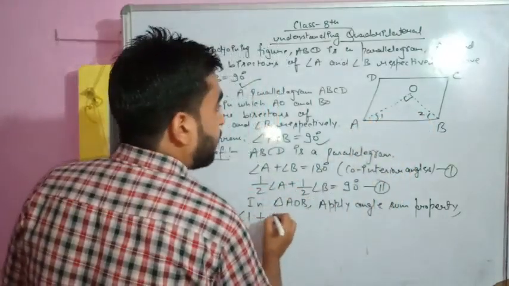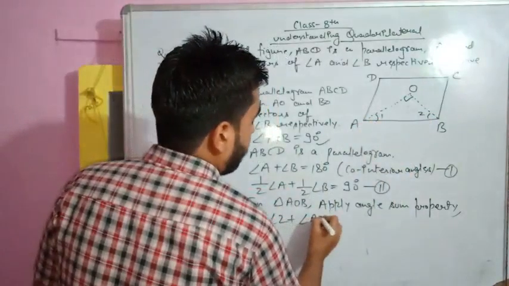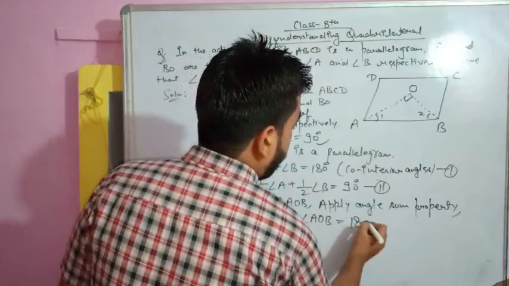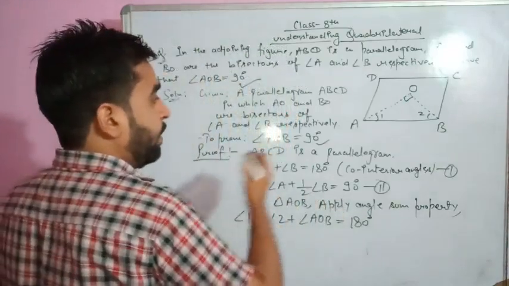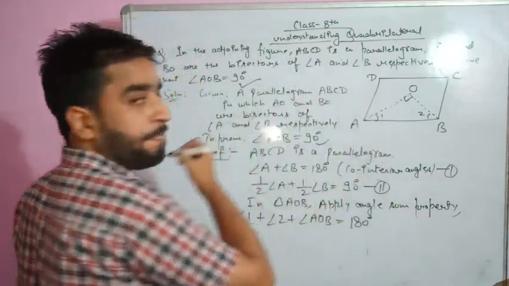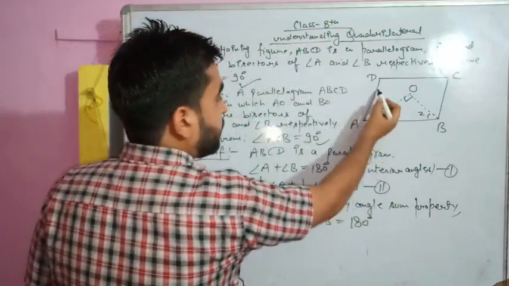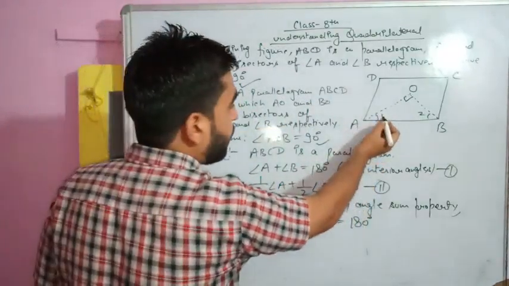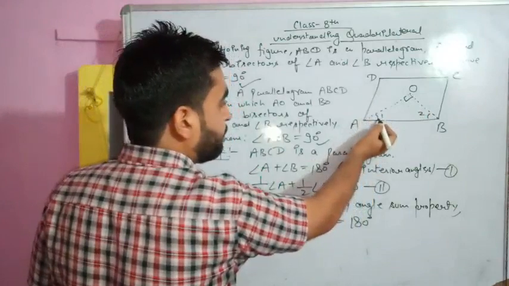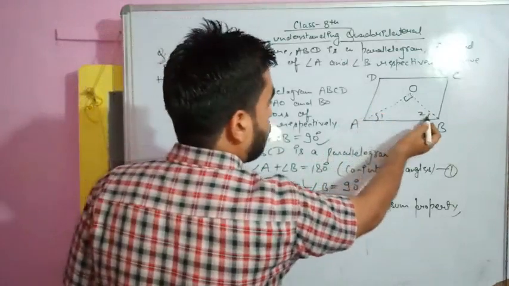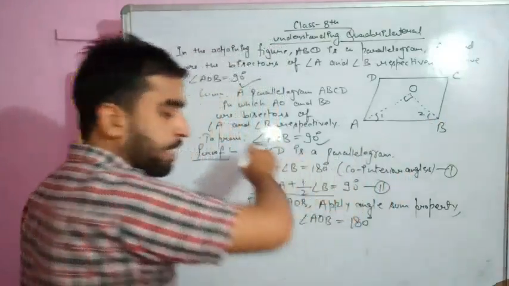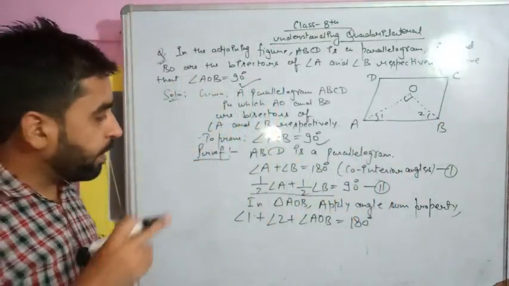Angle 1 plus angle 2 plus angle AOB is equal to 180 degrees by angle sum property. Now angle 1 is which angle? Half of angle A, because AO is the bisector, as given to us. Angle 2 is half of angle B, but the sum of these two is already 90 degrees. We already have done that in equation 2.